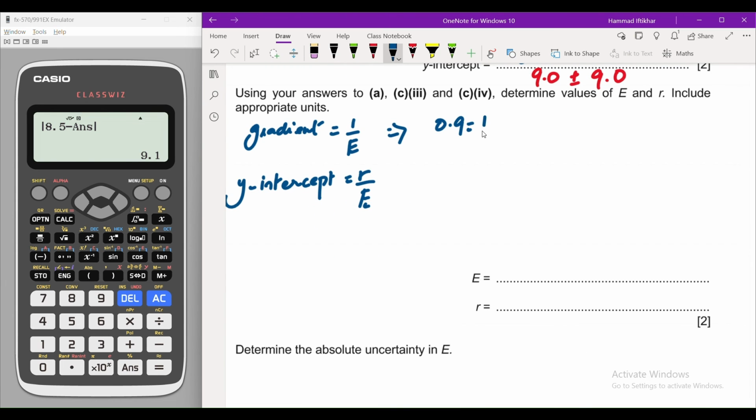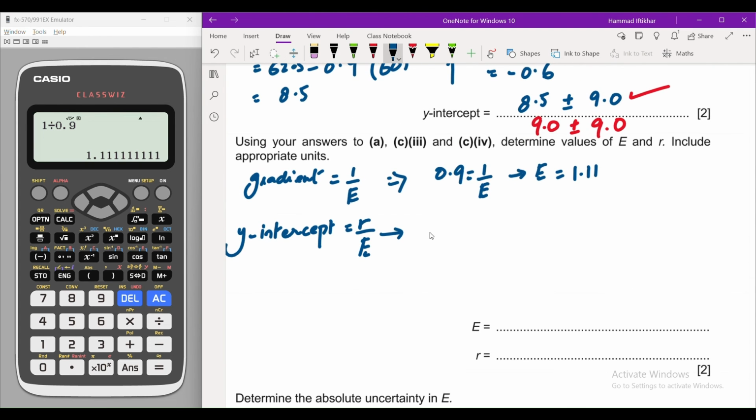So 0.9 equals 1 over E, so E is 1 divided by 0.9, that is 1.11. For the y-intercept, let's choose 8.5, which is r over E, so r equals 8.5 times 1.11, which gives us 9.44.